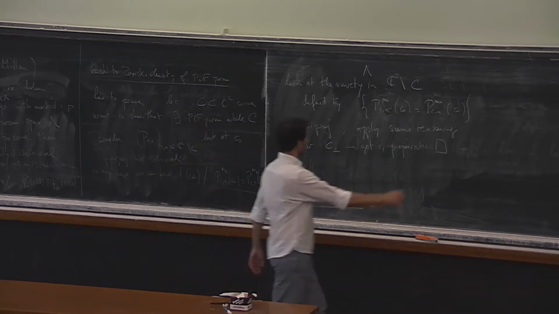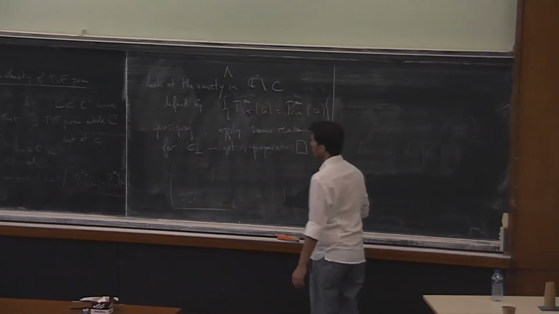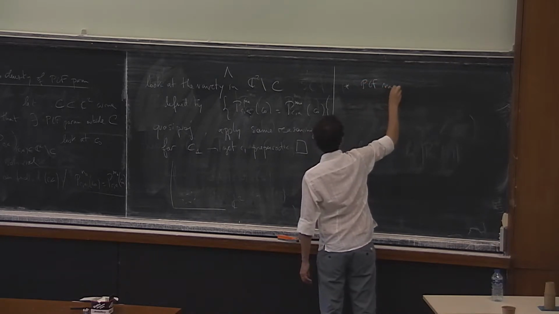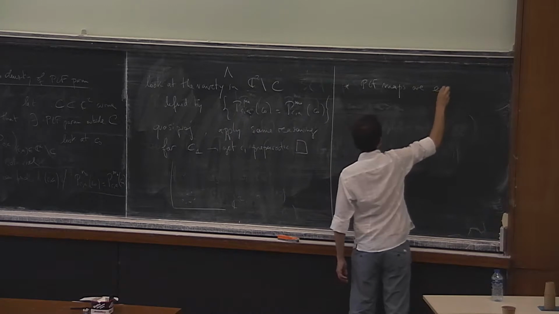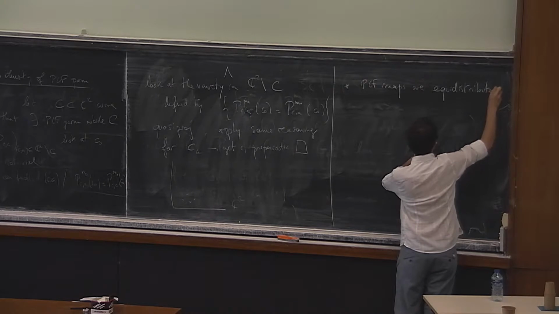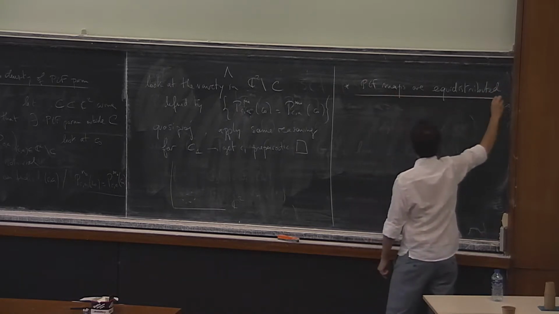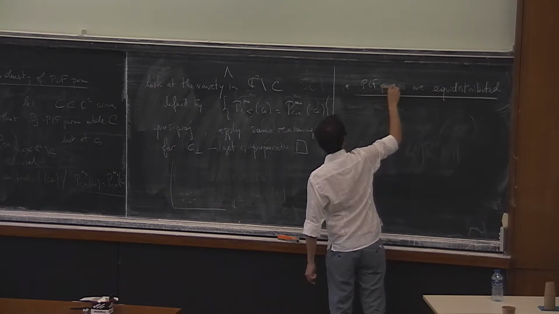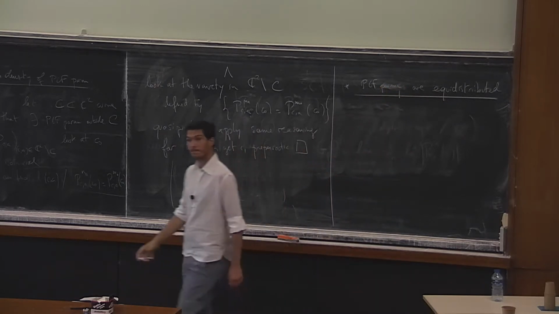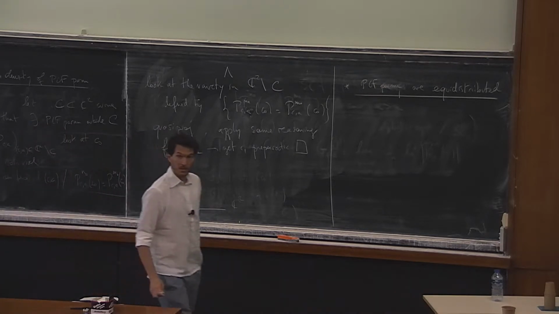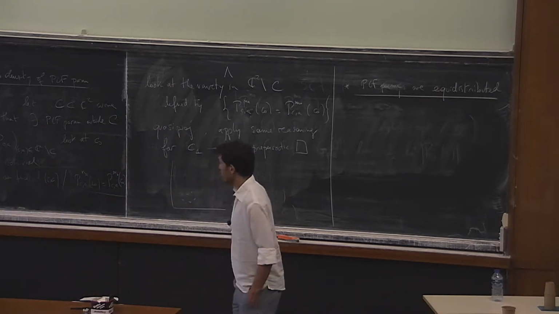Okay, so next item. Next item, post-critically finite maps are equidistributed in the space of parameters. Okay, so we will make the same reasoning as in the quadratic case.